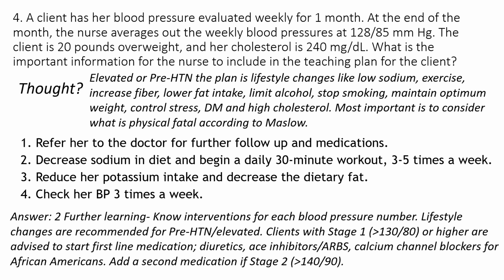So 130/80 or higher, they're advised to start first-line medications. Examples would be diuretics, ACE inhibitors, or ARBs, or calcium channel blockers are good for African Americans. If they're stage 2, which is greater than 140/90, that's when you might see a second medication added for control.